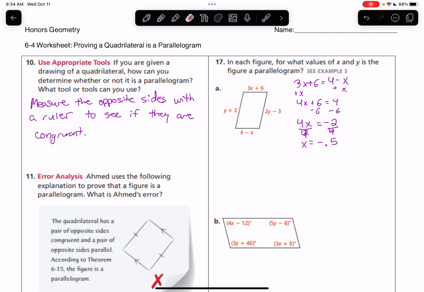And then the other one, we've got y plus 2 equals 2y minus 3, and we'll solve that one. So y is equal to 5. So x equals negative 0.5 and y equals 5.